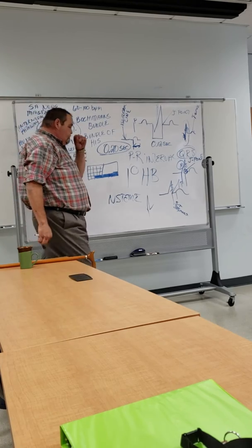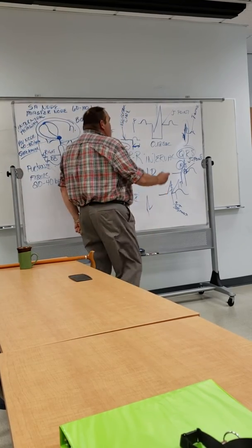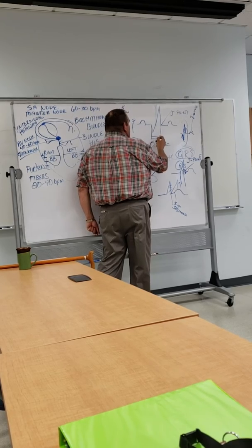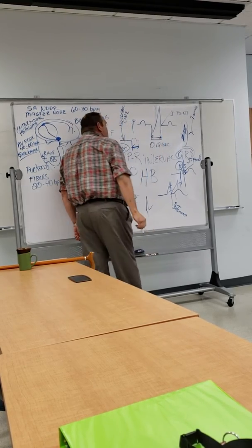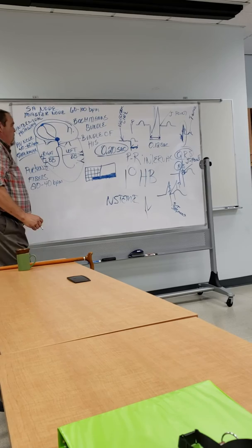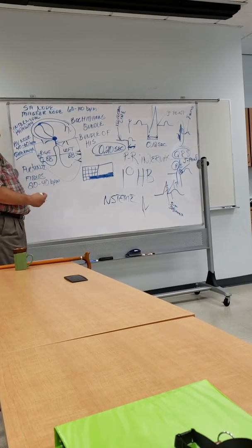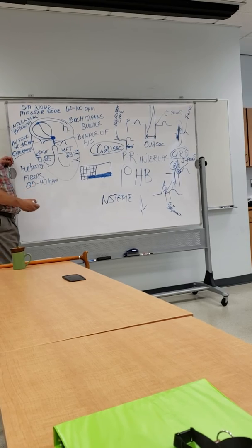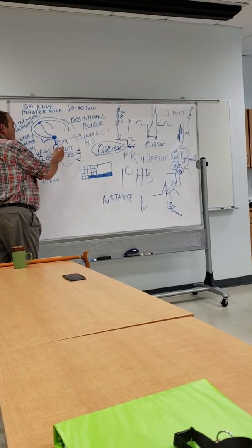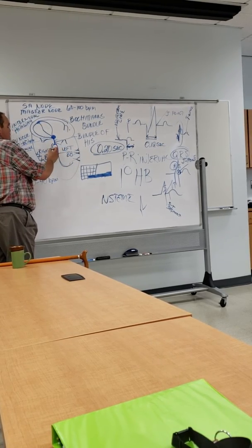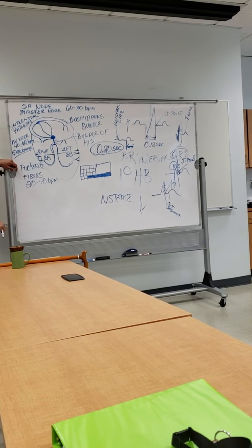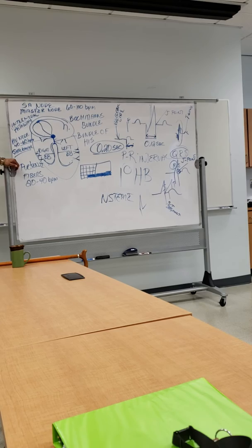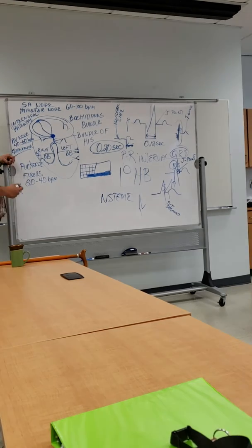Now, if it's wider than that 0.12 seconds, depending on whether you have a P wave present or not, and we'll get into that in a minute, it's taking too long for this impulse to travel through those bundle branches. So you could have what we call a bundle branch block.